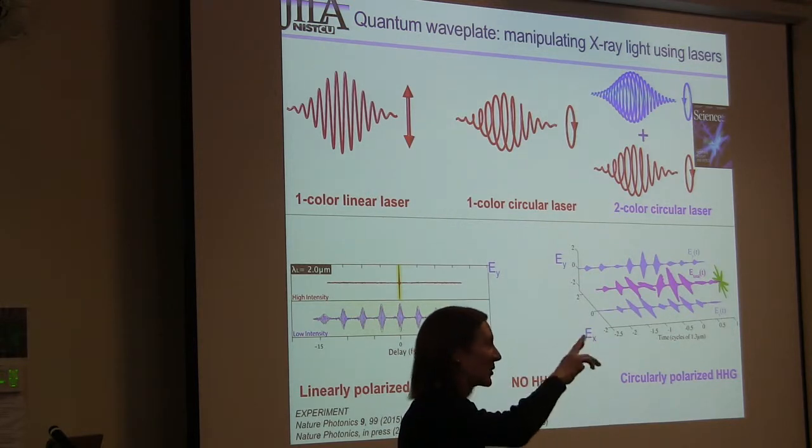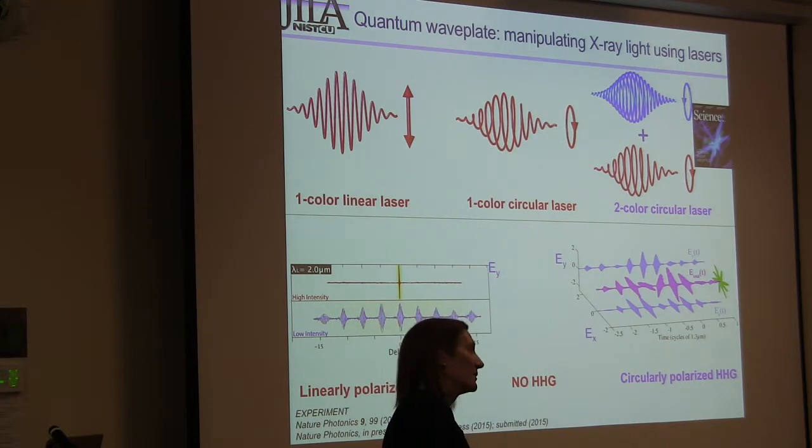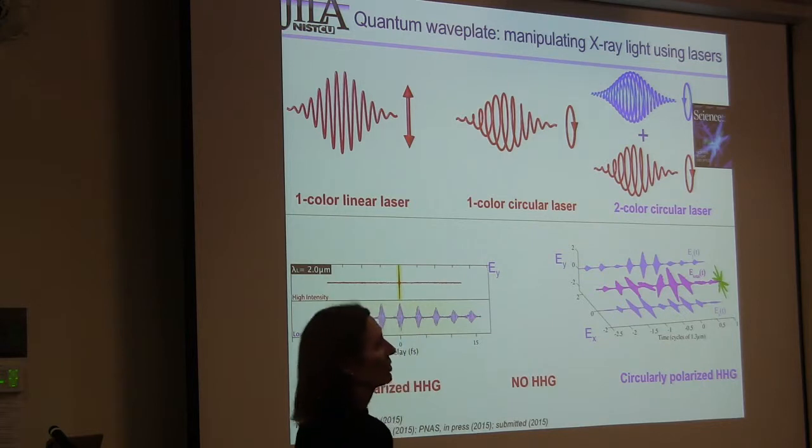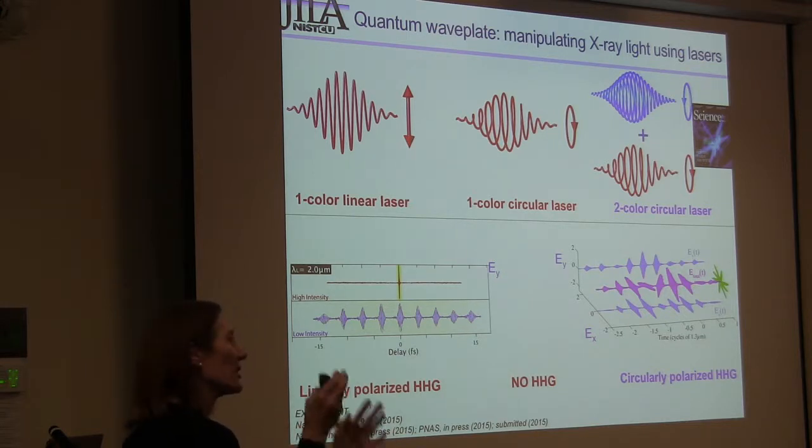They add together and phase correctly to give circular. But with the cross beam case, you can actually make an isolated attosecond circularly polarized burst, but not with the collinear. With the collinear, you get very nice narrow peaks.